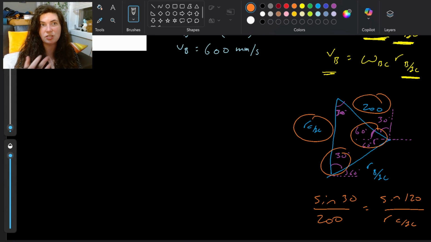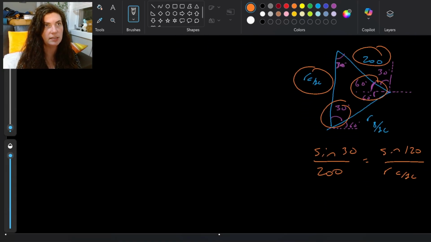Using law of sines, I can just solve for what that value is. And I get RC with respect to IC from a calculator as 346.4 millimeters.